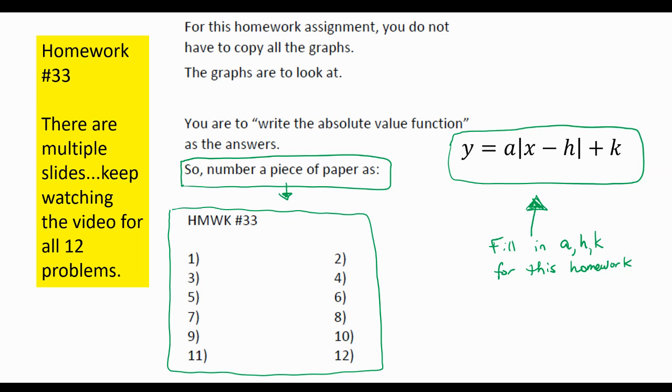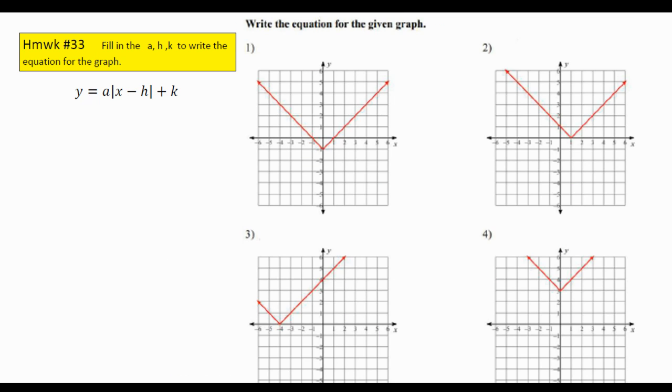Okay, I'm going to advance the slides so that if you want to stay on this video and do the homework. So this is number 1, 2, 3, and 4. And you can hit pause here while you do number 1, 2, 3, and 4. Remember, you're writing an equation for each one of these, right?